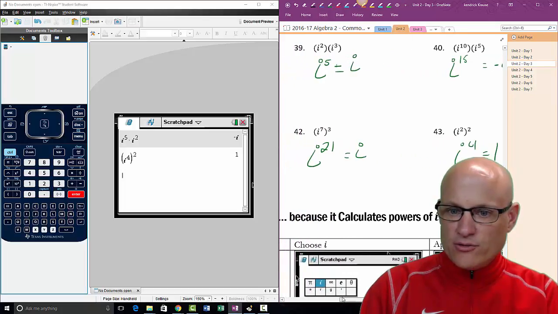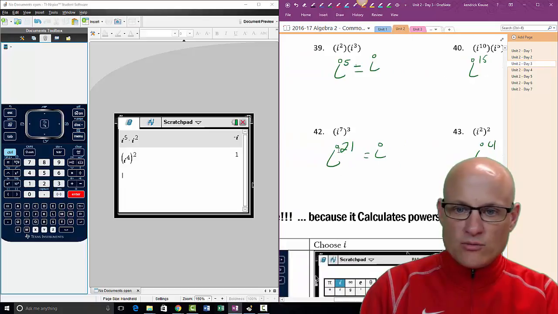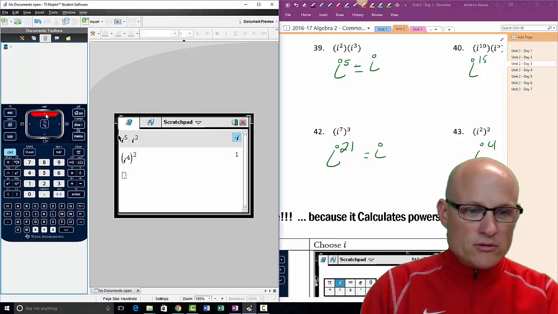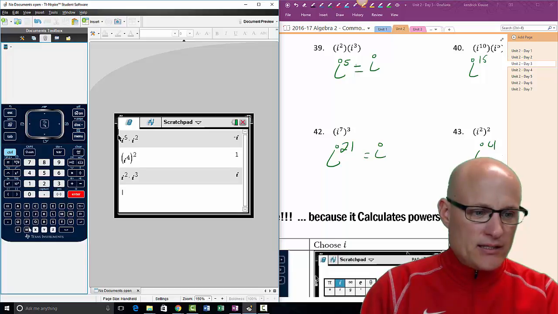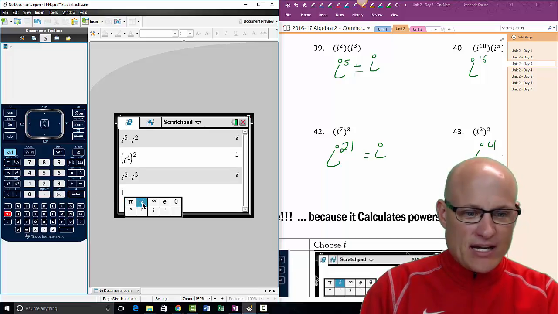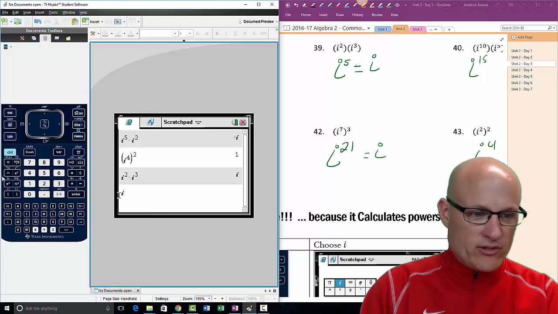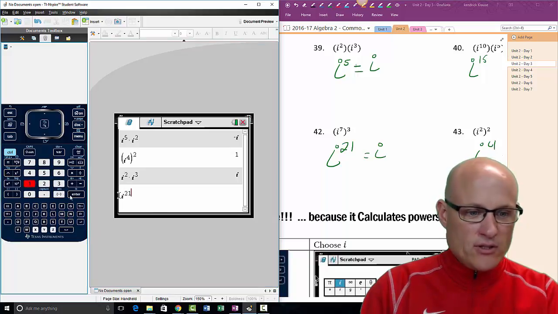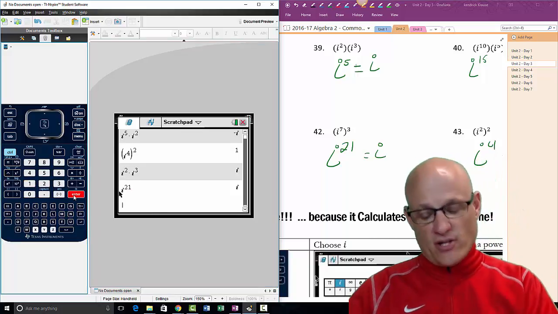Let's do this one, i squared, i cubed, i, and then i to the 21st. A lot of times typing all that in is easier. I would rather just do i to the 21st. But lo and behold, it does all the work for you.